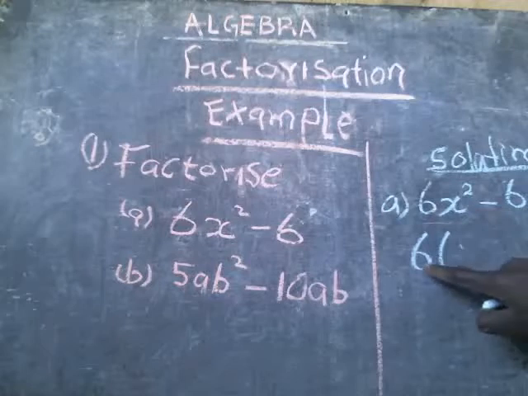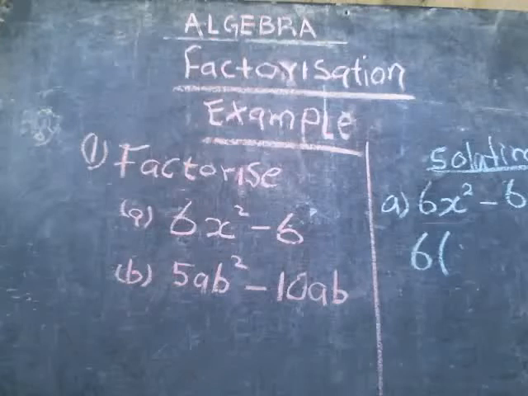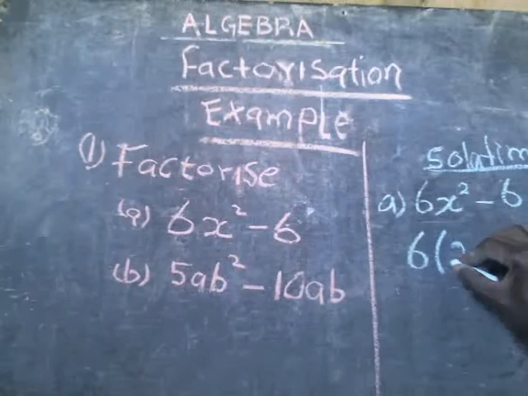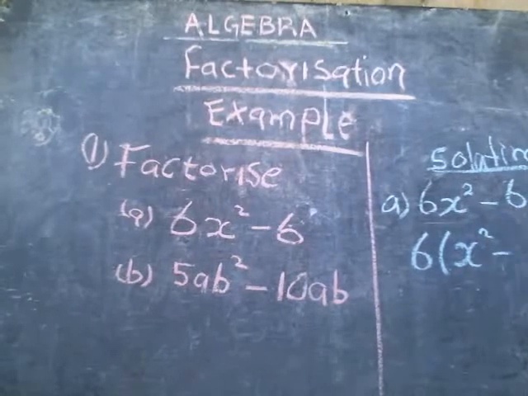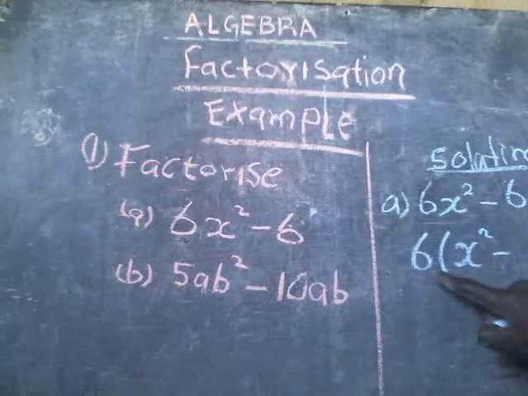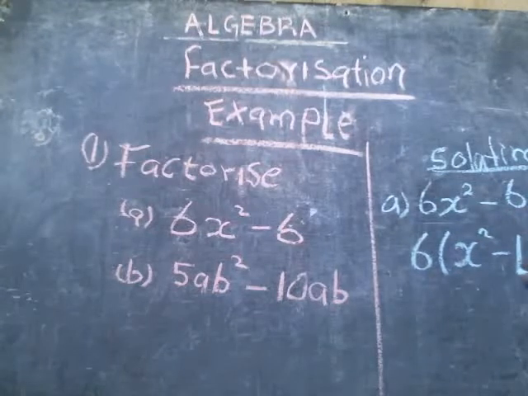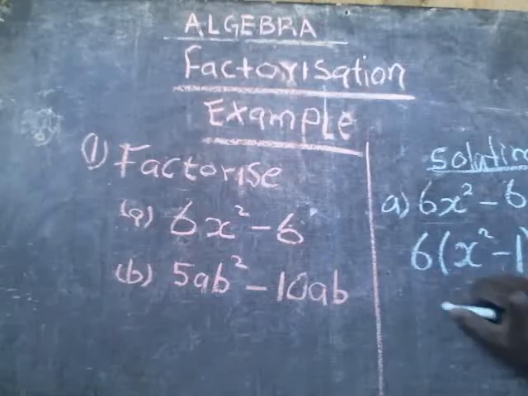And how many times does 6 go into x squared? We find that 6 cannot go into x squared. So you write down your x squared minus, how many times does 6 go into 6? It goes there once. You close your brackets.